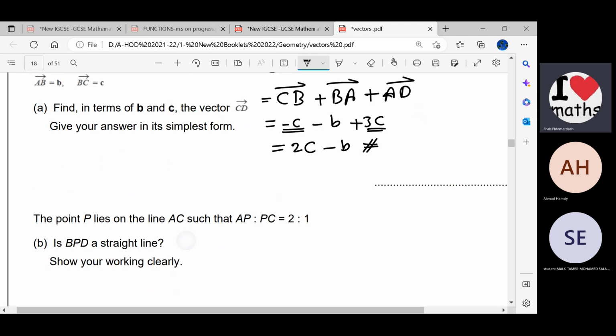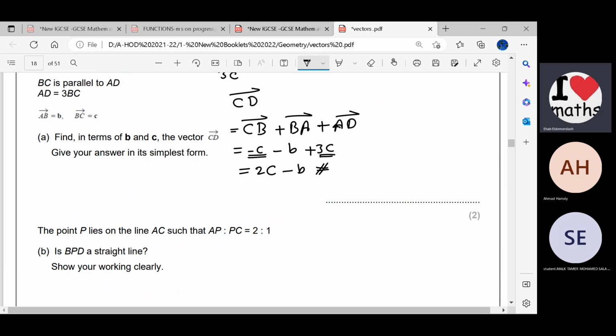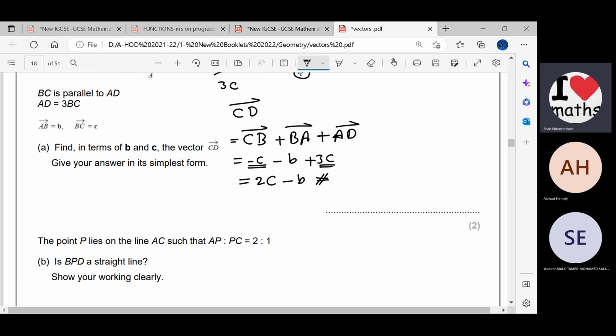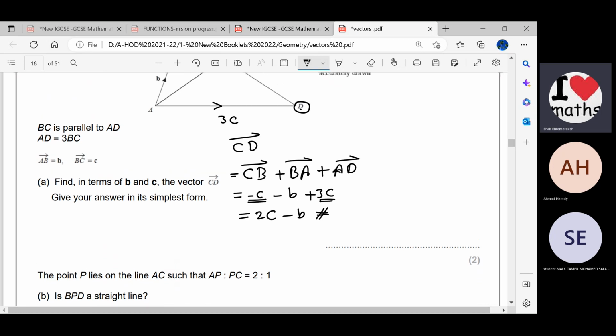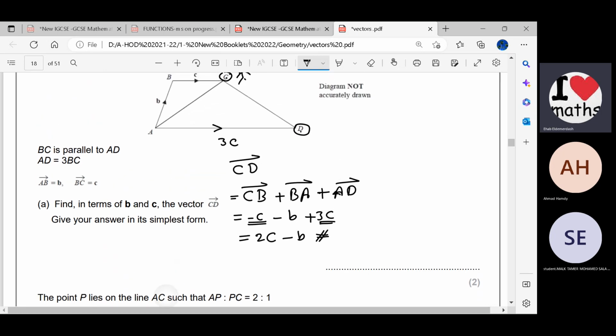Next, the second part. What they are telling me is that point P lies on AC. He is kind here because he gives you the ratio. Later he will not give me the ratio. Why is this kind of question called kind and easy? Because he gives you the ratio.